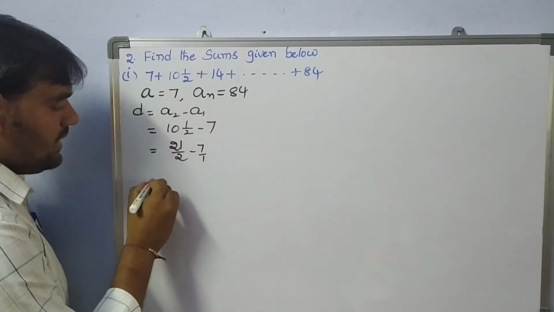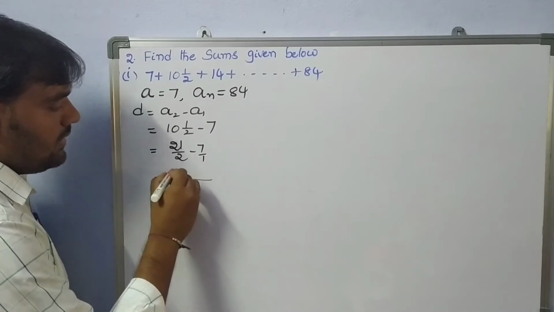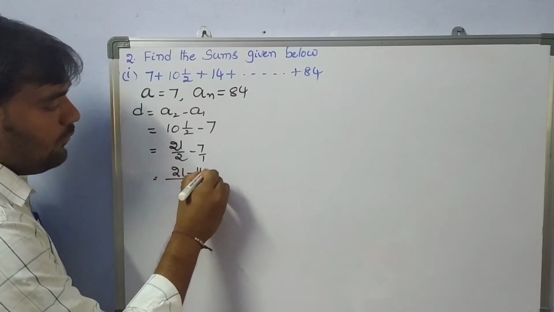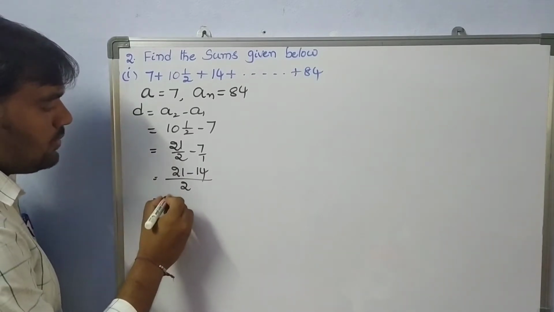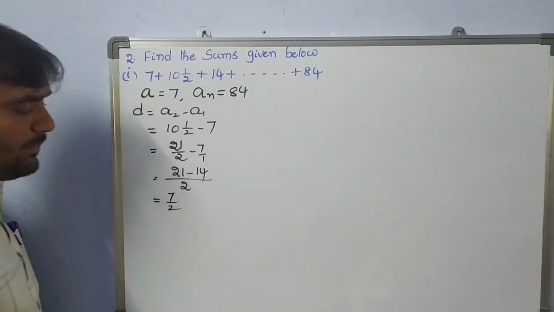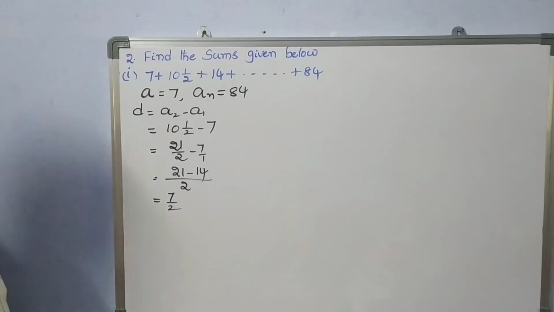Next take LCM, that is 2. Here 21 minus 14 we will get. Now d is equal to 7 by 2. Common difference d is equal to 7 by 2.